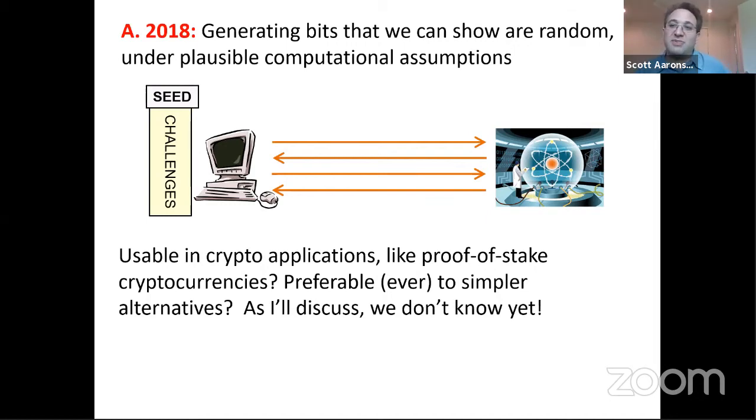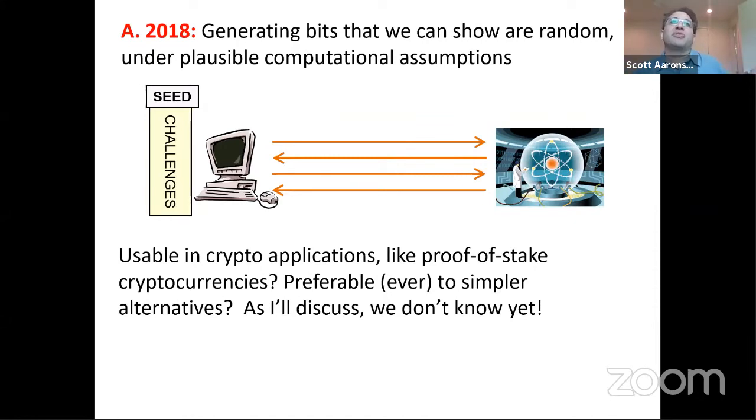And of course, it has to be compared to all the alternatives, which, for public randomness, could range from using the last digits of the Dow Jones Industrial Average. I don't know if you want to use that right now. Maybe it's too erratic. Or using the pattern of granules that would form on the surface of the sun. There are all sorts of places in the world where you could look for public randomness.